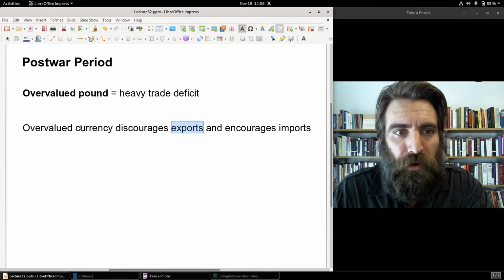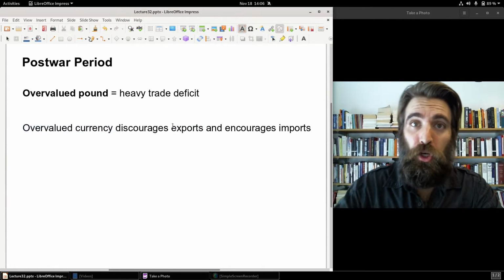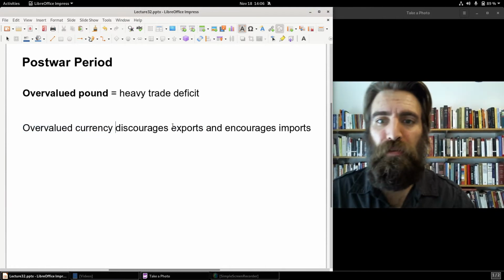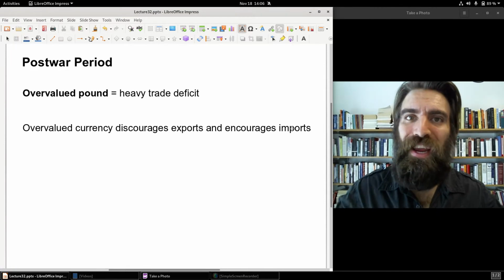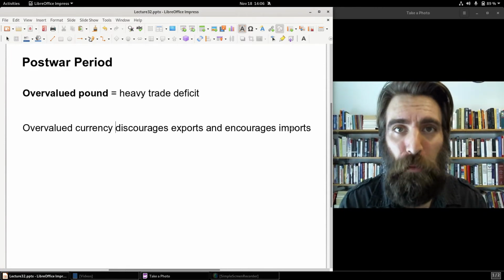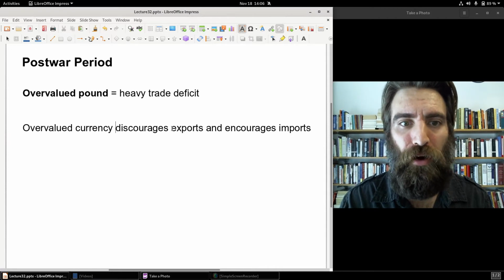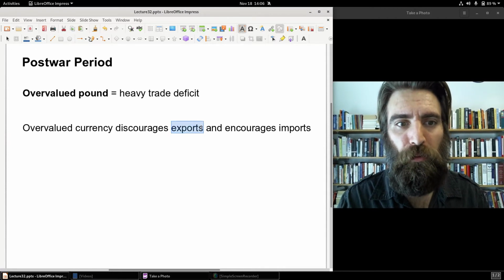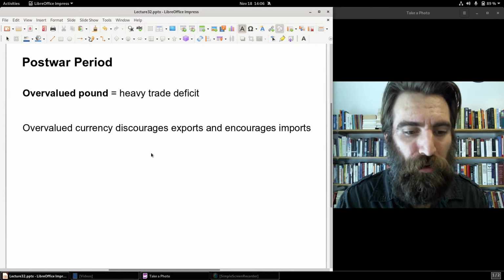Exports are discouraged by an overvalued currency because exports are artificially expensive. On the flip side, imports are encouraged. Imports are comparatively cheap compared to the high price for domestic goods within Britain with this overvalued currency.